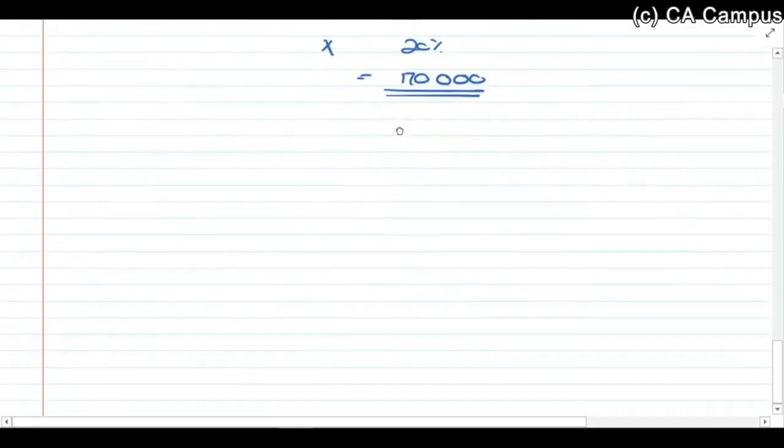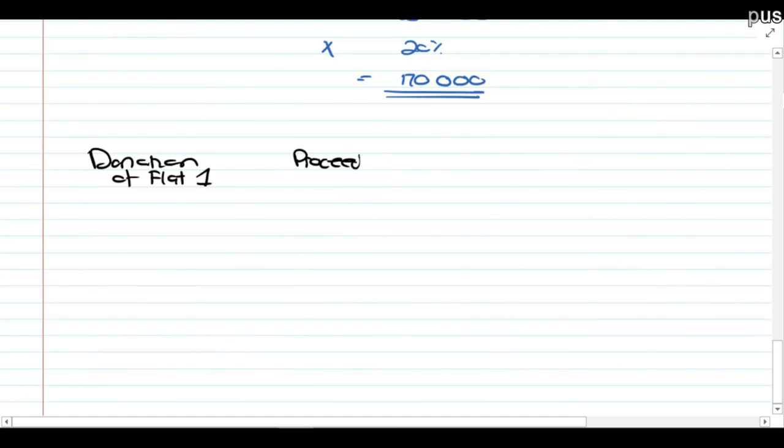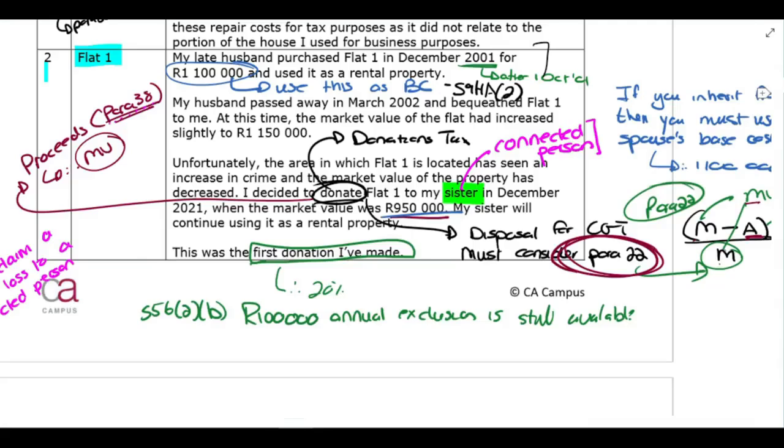Then we now donate this. So this is now the donation of flat 1. So what is the proceeds? The proceeds is determined per paragraph 38, which says that we must use the market value. So it was 950,000.